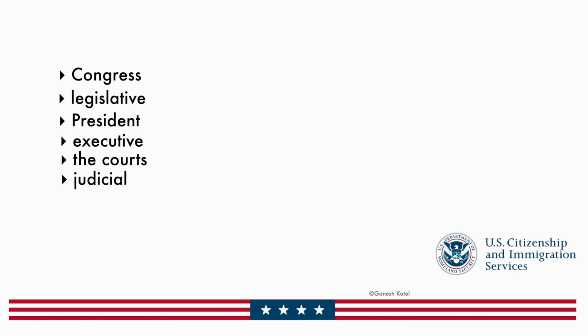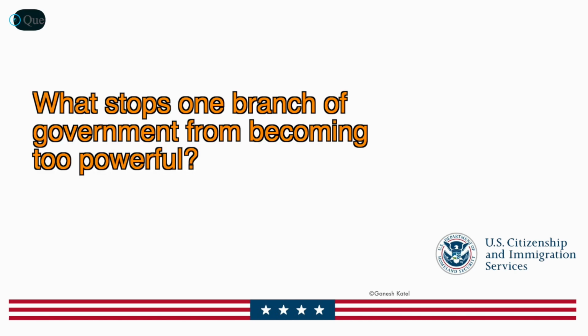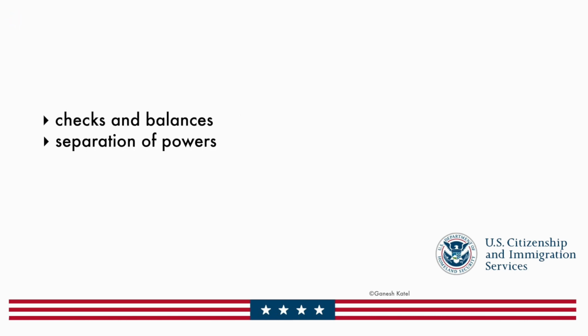The courts. Judicial. What stops one branch of government from becoming too powerful? Checks and balances. Separation of powers.